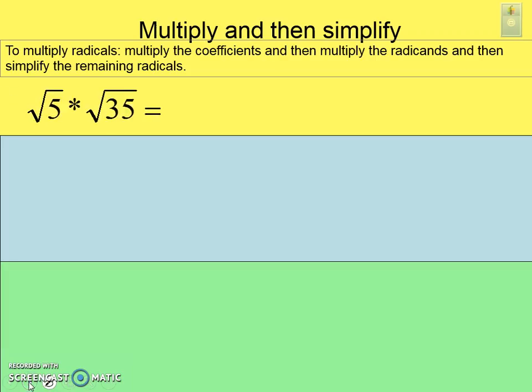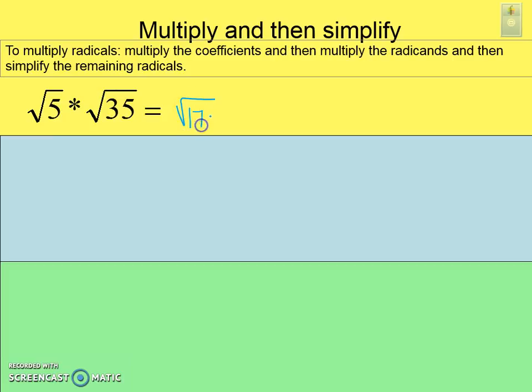So we have the square root of 5 times the square root of 35 to start off. We are going to multiply those two things together. Okay? We can check out front for the coefficients first, but in this case we see that they're both 1s. So there's going to be a 1 out front, and we don't have to worry about writing it.